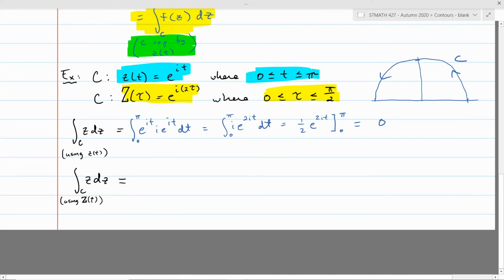Now if we use the second parameterization, the parameter tau runs from 0 to pi over 2, and then z in that case would be e to the i times 2 tau, and then dz would be 2i e to the i times 2 tau d tau, and we see that that's the integral 0 to pi over 2.